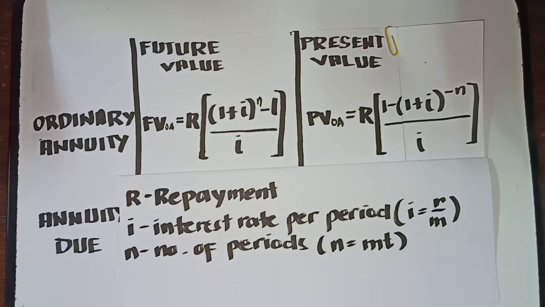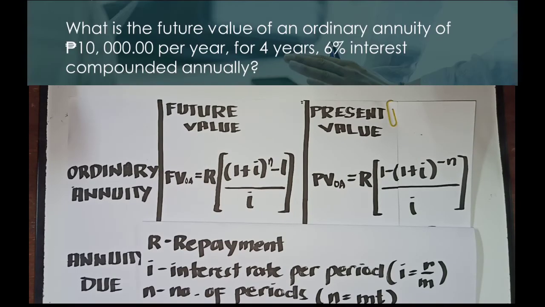Okay, so ito yung formula na gagamitin natin to solve for the future value and the present value of an ordinary annuity. For example, what is the future value of an ordinary annuity of 10,000 pesos per year for 4 years? 6% interest compounded annually.